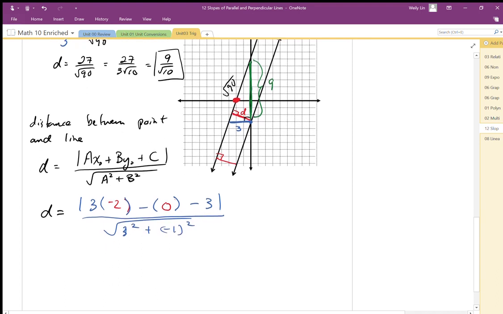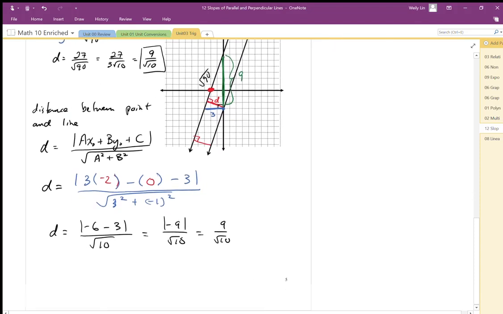Okay, and then calculating this out, I'm going to end up with the shortest distance between that point and that line being -6 minus 3, absolute value, over the square root of 9 plus 1, which is 10. So I end up with the absolute value of -9 over root 10, and I get the exact same value there.